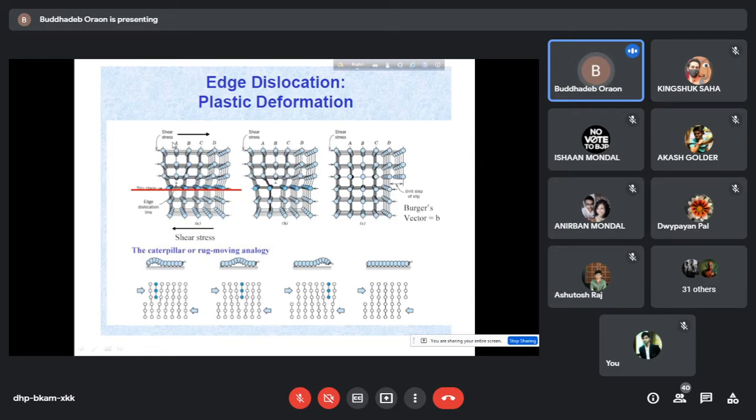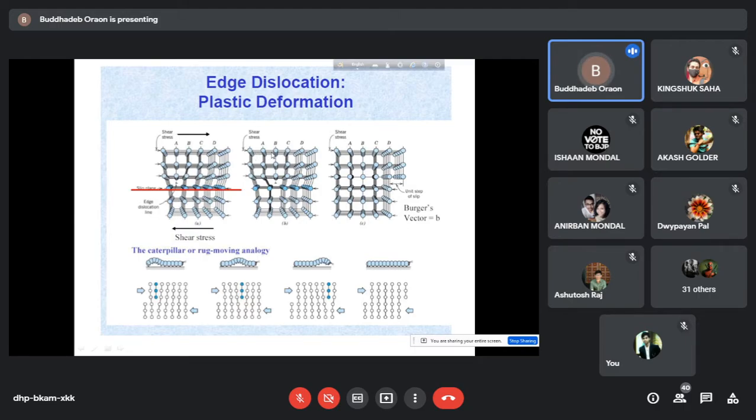Suppose we have applied the shear stress on the top. What will happen, this extra half plane, which is denoted by A in this diagram, has been shown at this position. When you have applied some shear stress, it will move from this position to position B here. So now there is a 1 unit displacement of this extra half plane.